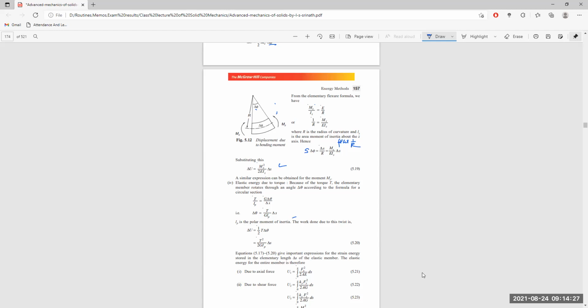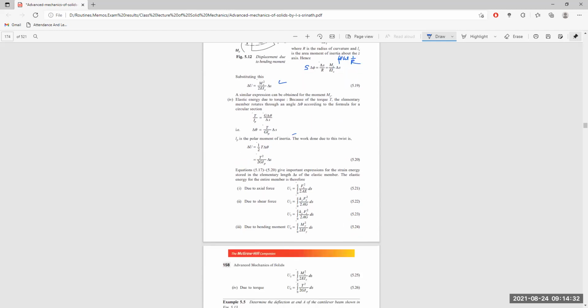So we have generated all these 4 equations so far. The elastic energy due to axial force is Fx square by 2 into A into E ds.